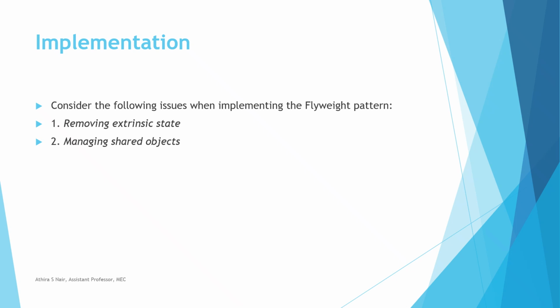Extrinsic states can be computed from a separate object structure. And managing shared objects: because objects are shared, clients should not instantiate them directly. So shareability implies some form of reference counting or garbage collection.